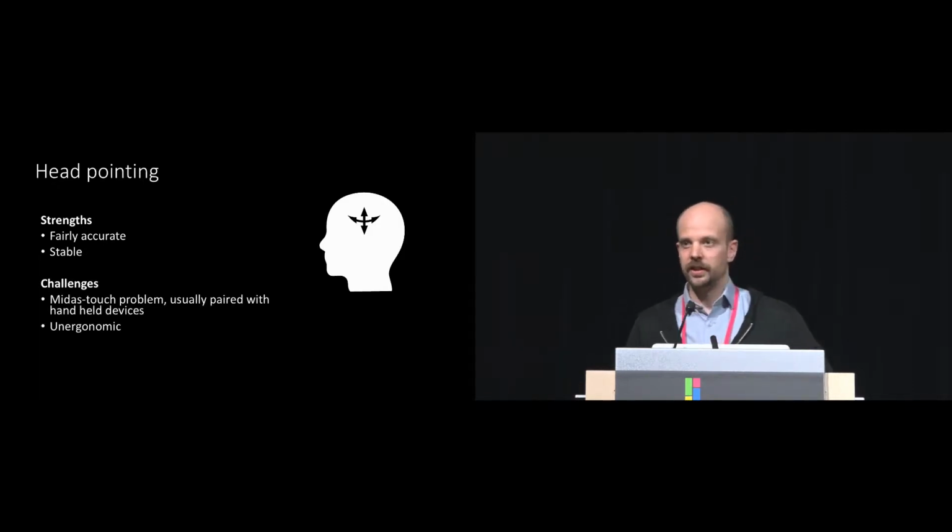There are two main challenges for head pointing. The first one is the Midas touch problem. Everything that we point at with our head, we don't necessarily want to select. And the other one is that it's a bit unergonomic, as users need to rotate their head continuously. It can cause neck pain in long-term use.